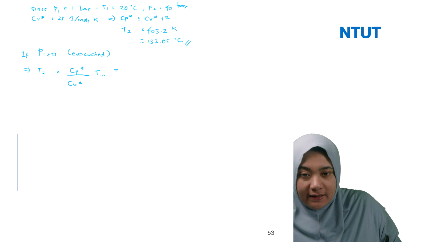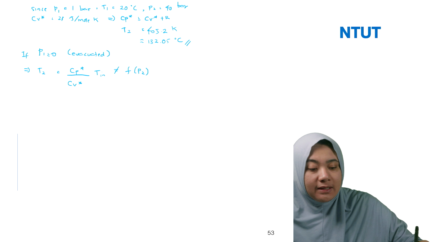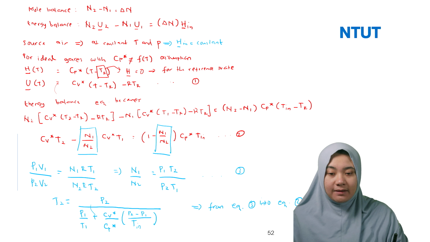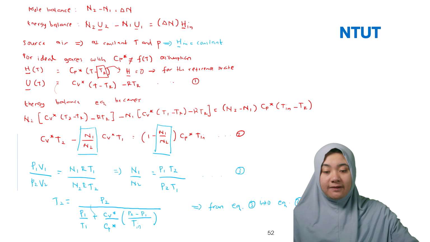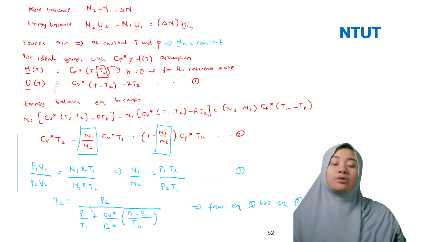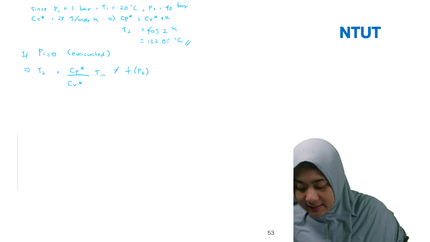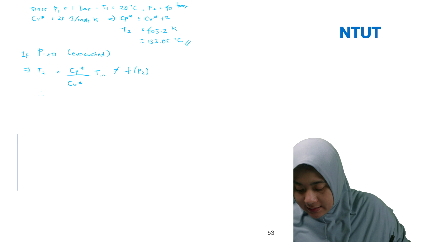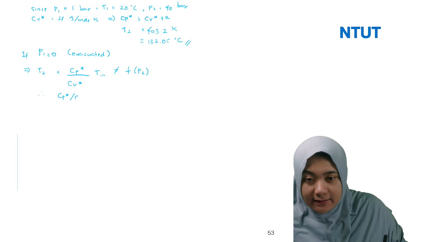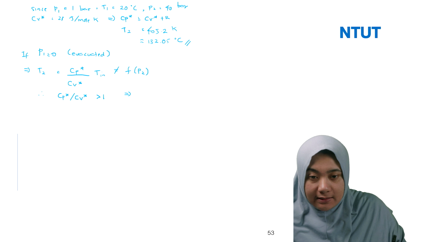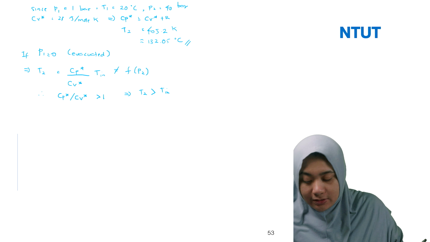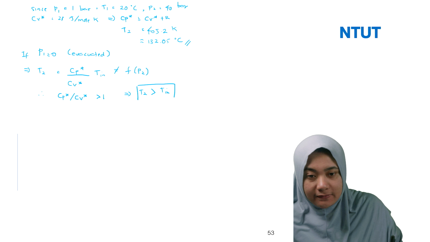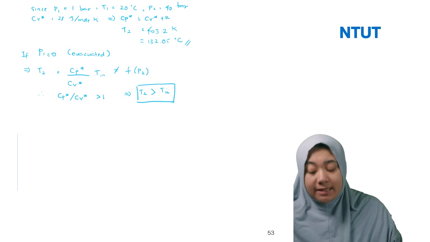This is not a function of the pressure P2 like before, because for example it is initially evacuated, so you only have Cp asterisk divided by Cv asterisk because your P1 is equal to 0. We can simplify this. This should be larger than 1, or you can say that T2 is larger than temperature in. So this is what we have in the equations.